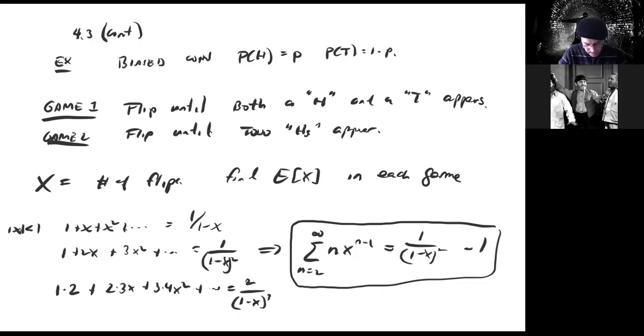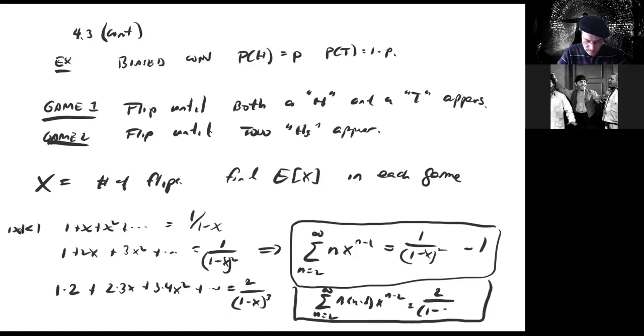And you can rewrite this expression in sigma notation as the sum, n goes from 2 to infinity, of n times n minus 1 times x to the n minus 2 equals 2 over the quantity 1 minus x cubed. And these are the two formulas I need to use.